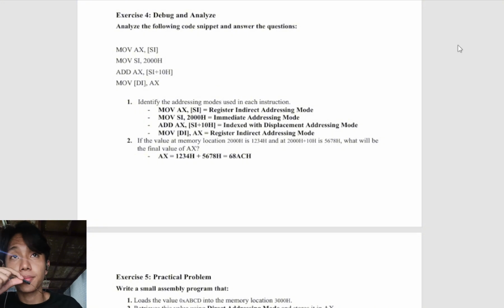For the first, I used register indirect addressing mode because it is enclosed in brackets. It does not hold the value directly; it points you to where the value is in memory. That's why it's register indirect addressing.